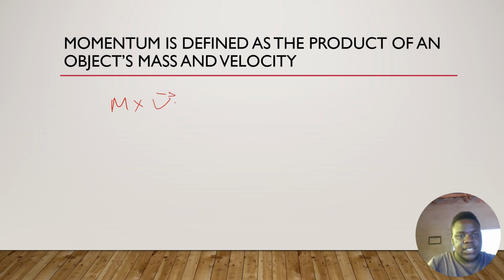Momentum itself is represented by the letter P with an arrow on top, meaning that momentum itself is a vector. Going forward, I want to tell you this now. P itself represents momentum.